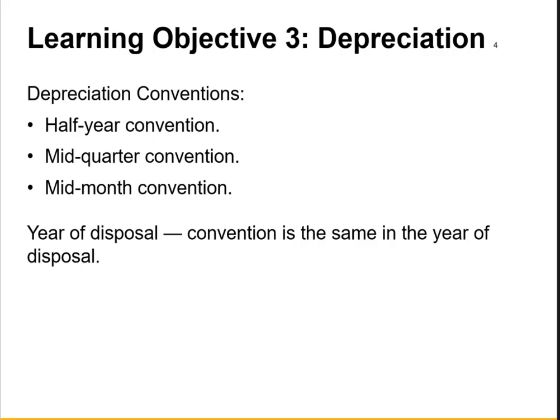Mid-quarter is the weird one because it is required if you buy too much of your assets at the end of the year. So if you buy more than 40% of your assets in the fourth quarter of the year, then the IRS is saying you are taking advantage of the half-year convention.